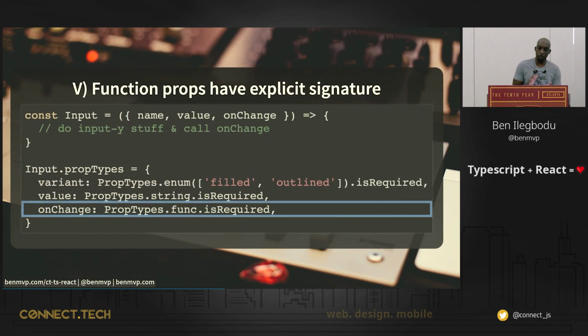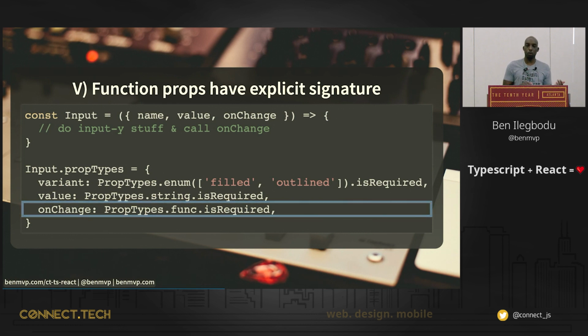Okay, so let's talk about the last one, about props, okay? And this is my favorite one, probably. So let's say one of our props is not a simple type or an object type, but it's actually a function. And those are usually callback functions like onClick or whatever like that. And they're a result of some user action, typically. So here, ours is called onChange, right?